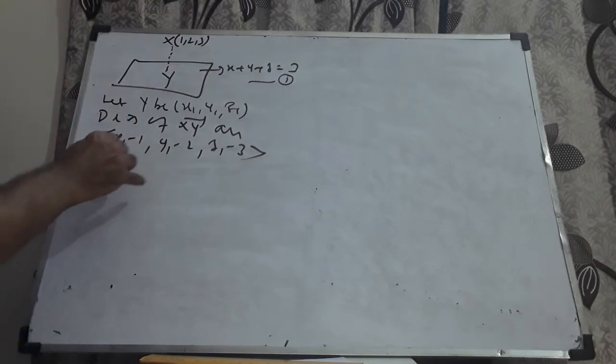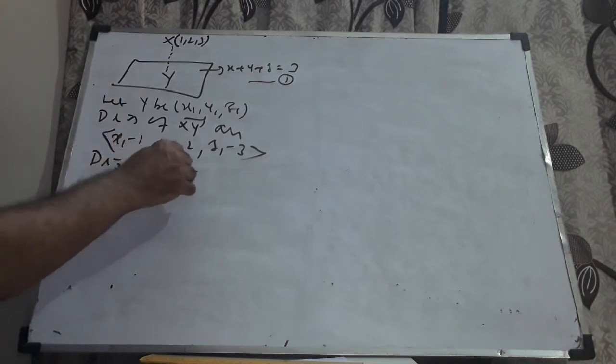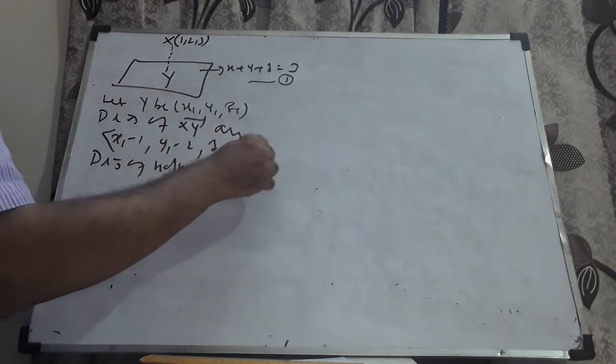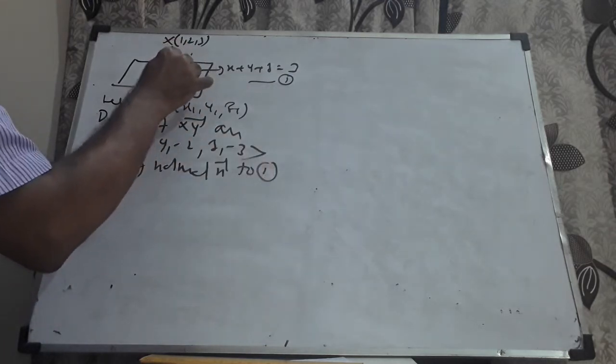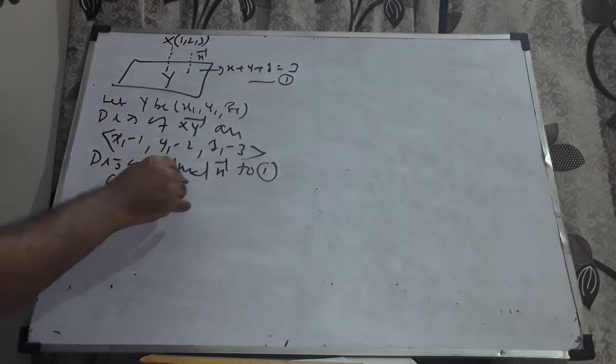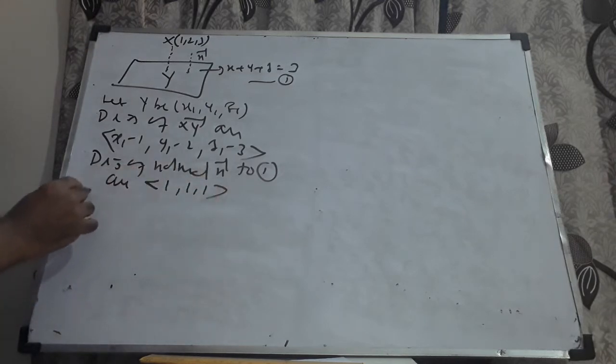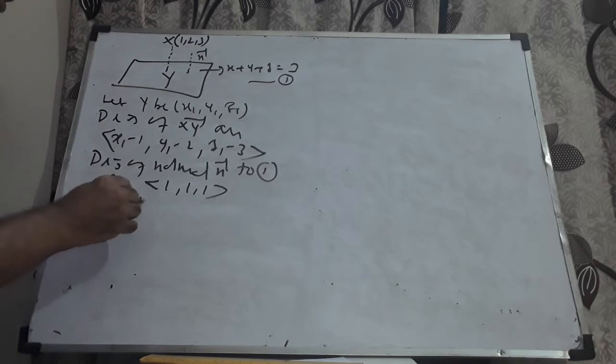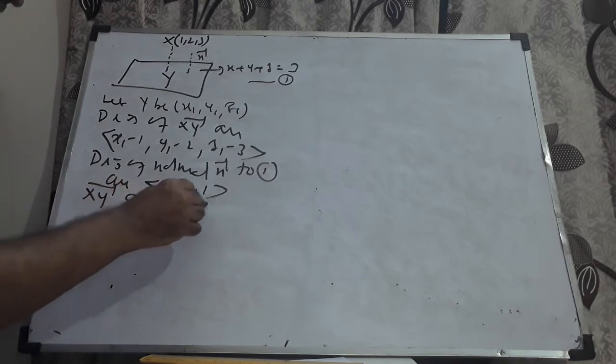DRs of the normal n vector to the plane, you call it the n vector here, what are they? 1, 1, 1.